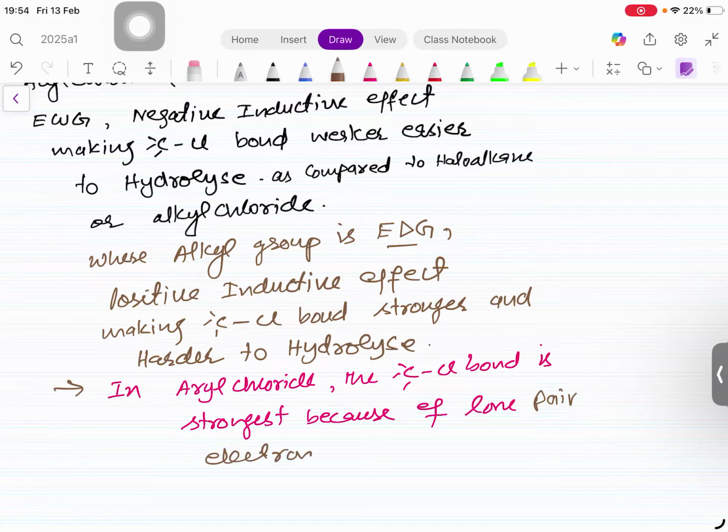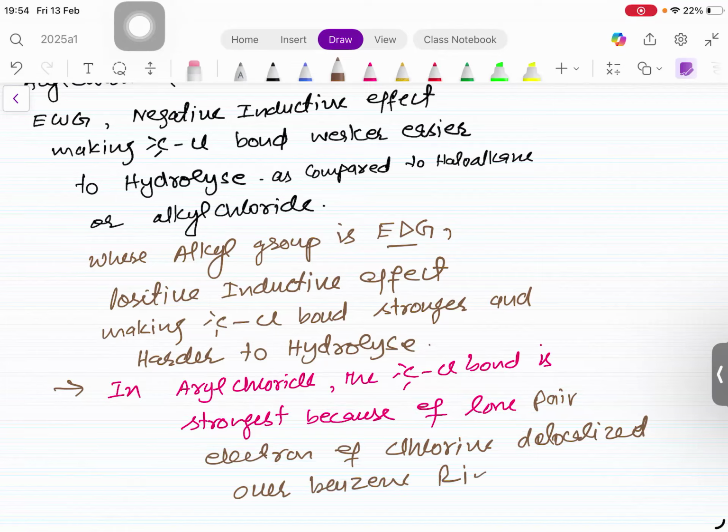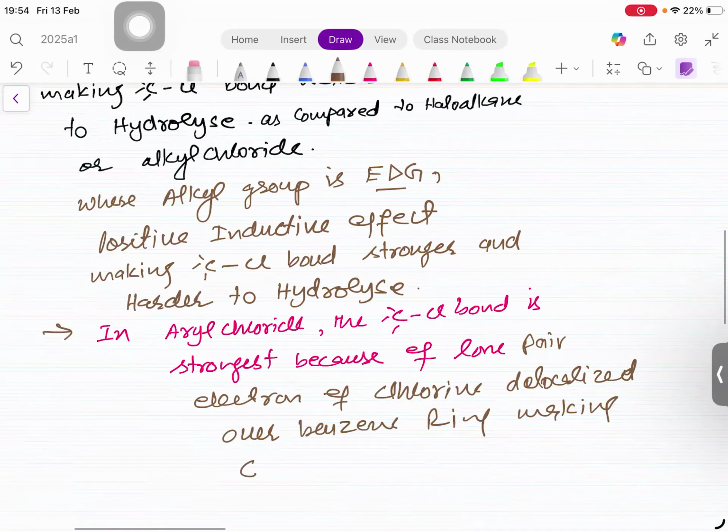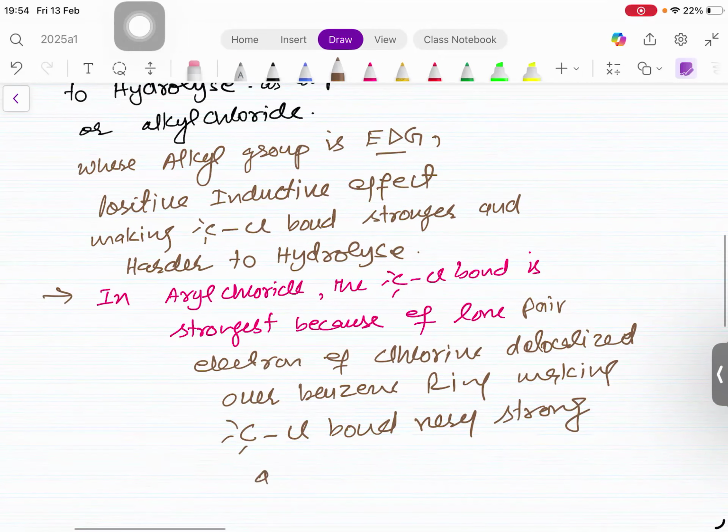Lone pair of electrons of chlorine delocalized over the benzene ring, making C-Cl bond very strong and hardest to hydrolyze, almost not possible to hydrolyze.